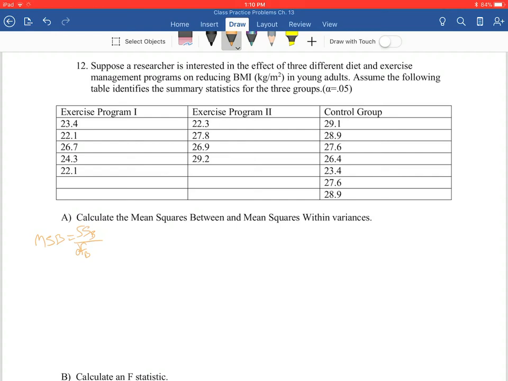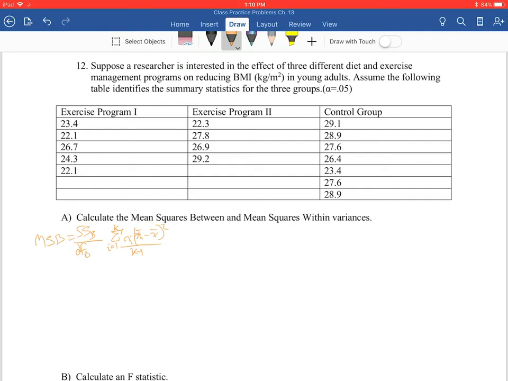Our sum of squares between is going to equal the sum of k, index of 1, n_i times the x bar of your group, whatever group you're looking at, 1, 2, or 3, 4, however many groups there are, minus the grand mean, squared, all over k minus 1.